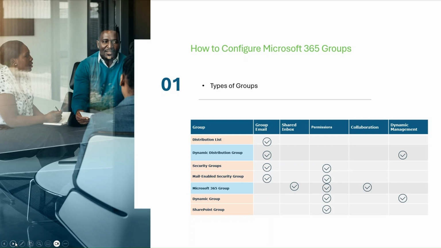The Microsoft 365 group pretty much has a group email as well. I did not indicate it here, but it has. At the point when you're creating it, it comes with a group email. That group email is what enables the collaboration across the entire ecosystem.